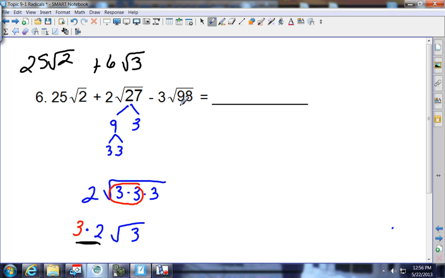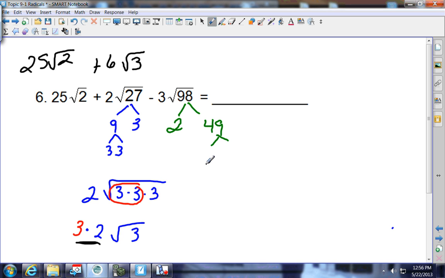Now we need to do 98. 4 and 7 to get 98. Oh, did you write 28? Okay, 98. I'm just going to start with a 2 because it's even. So what is that? 49? 98 divided by 2.